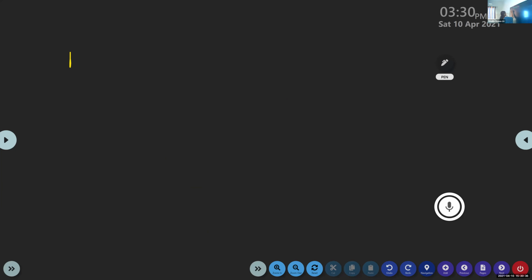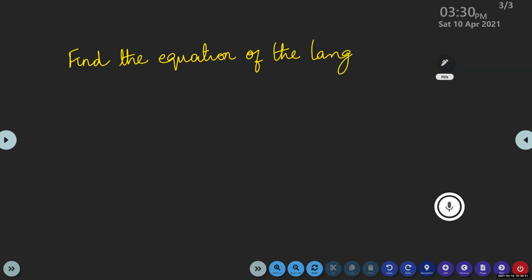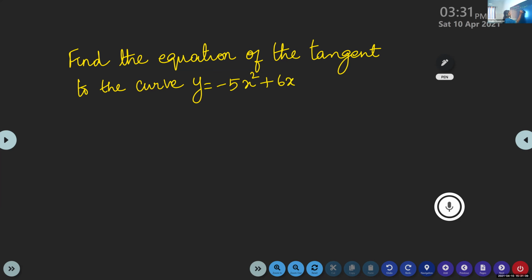Find the equation of the tangent to the curve y is equal to minus 5x square plus 6x plus 7 at 1 by 2 comma 35 by 4.